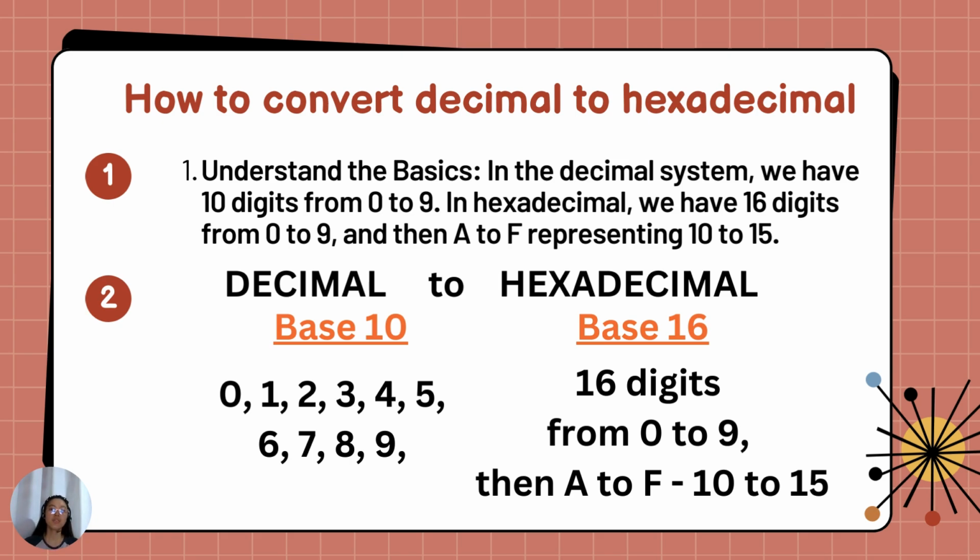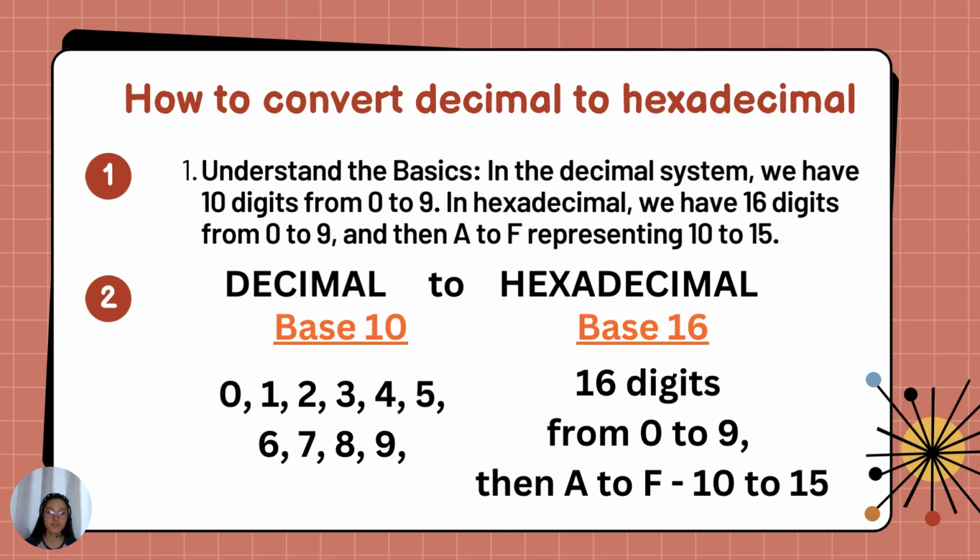Next, how to convert decimal to hexadecimal. So in the decimal system, again, we have 10 digits from 0 to 9. In hexadecimal, we have 16 digits. So from 0 to 9, and then A to F representing 10 to 15.